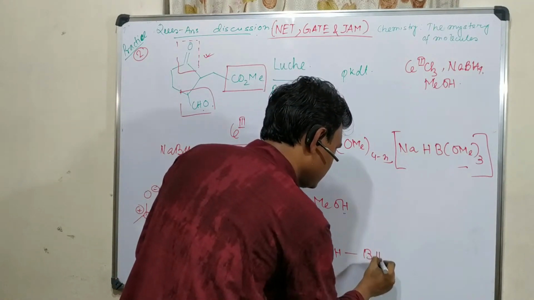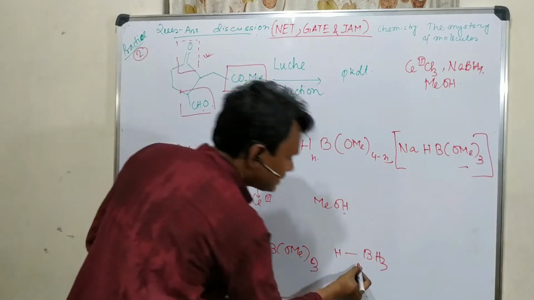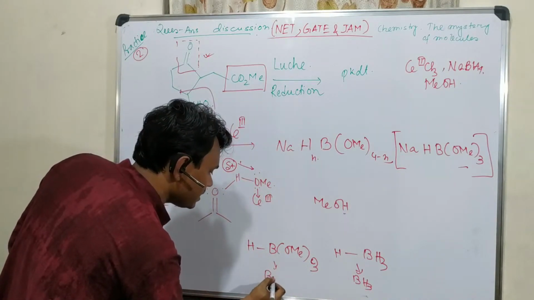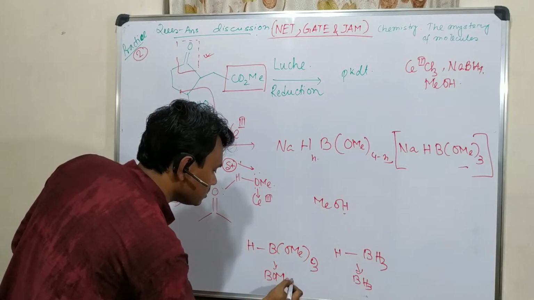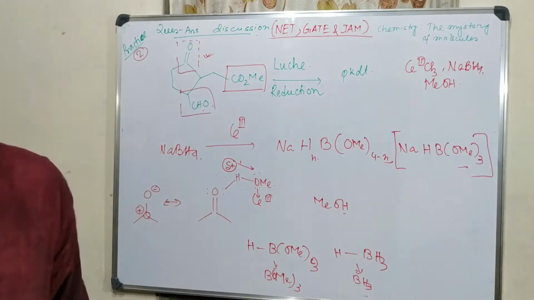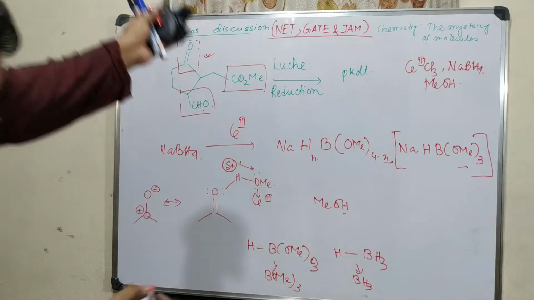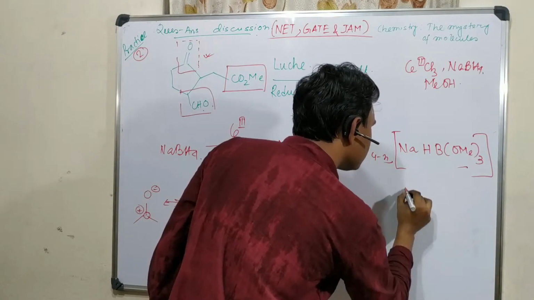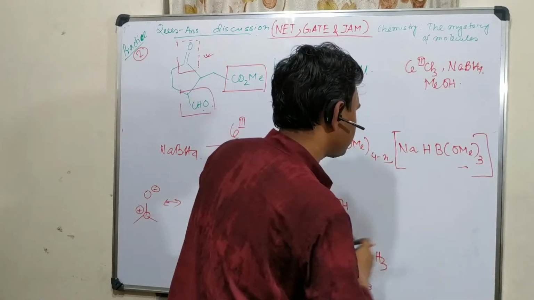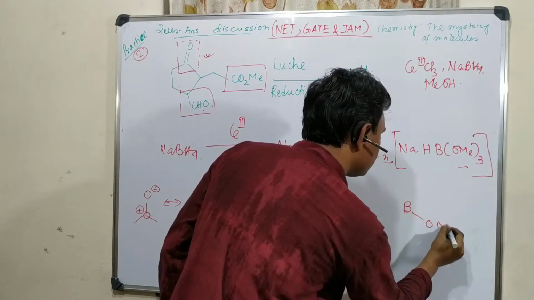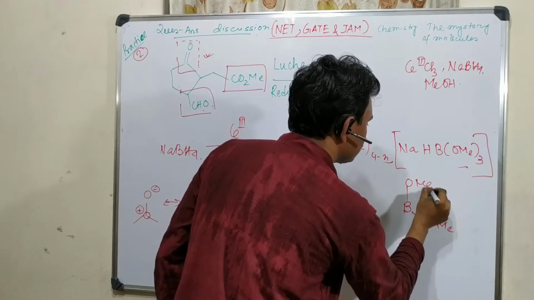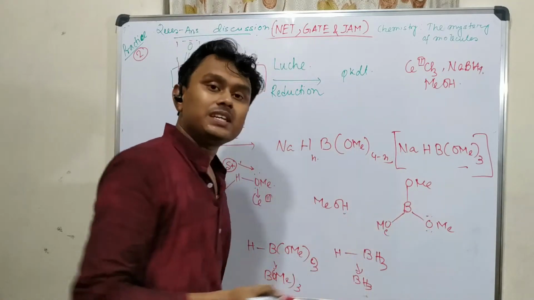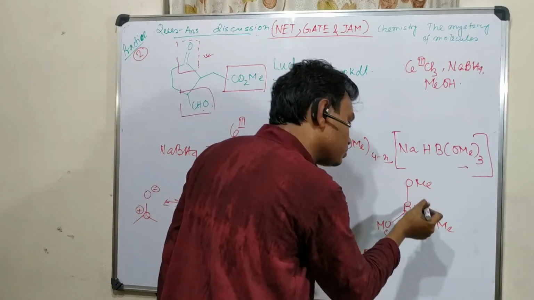If hydride leaves, it results in BH3, and here if hydride leaves, it results in B(OMe)3. Comparing the stability of B(OMe)3, oxygen has a lone pair and boron has a vacant p orbital, so oxygen can donate its electron through back bonding.